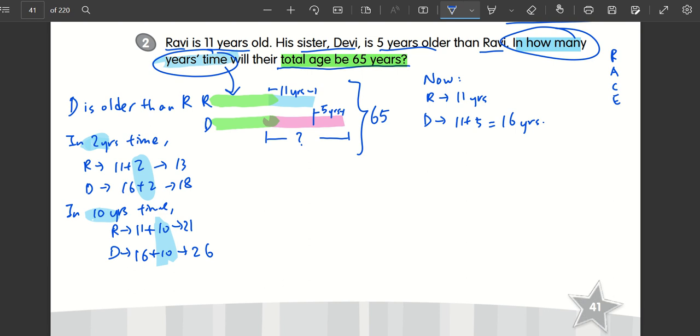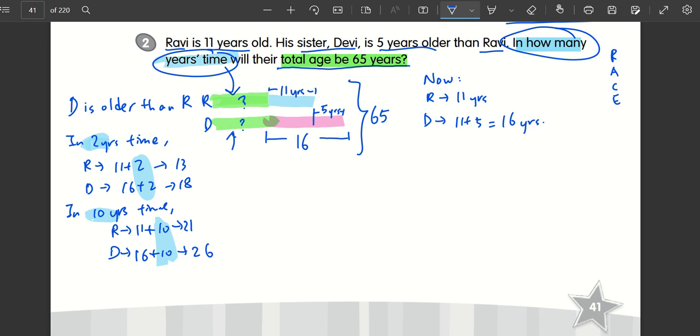Now, you already know here you have 16. Do you think you can find this? So the total is 65. Then you have these green bars.